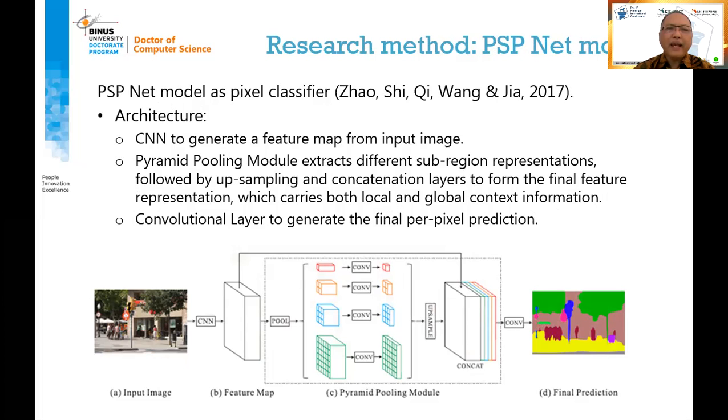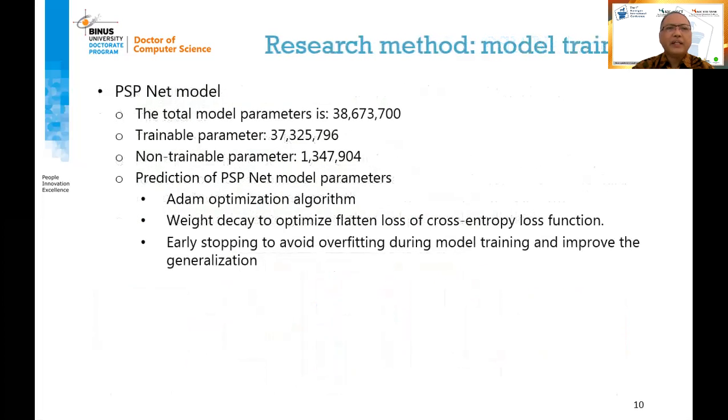Then there is the pyramid pooling module to extract different subregion representations, followed by upsampling and concatenation layers to form the final feature representation. This feature representation carries both local and global context information of the object. And finally, a convolution layer is used to generate the final per-pixel prediction for classification of the pixels.